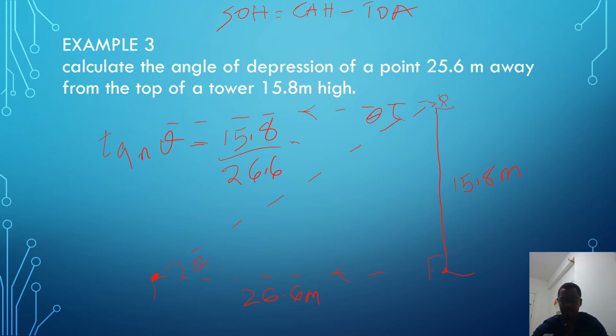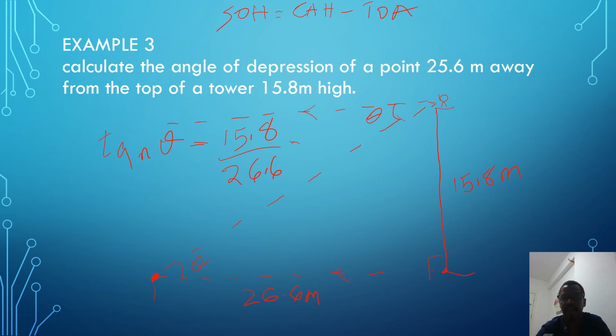Okay, so for me, I'll just do a very quick one. I'll go shift, take tan inverse, and in the tan inverse, I'll put 15.8 over, in this case, 26.6.